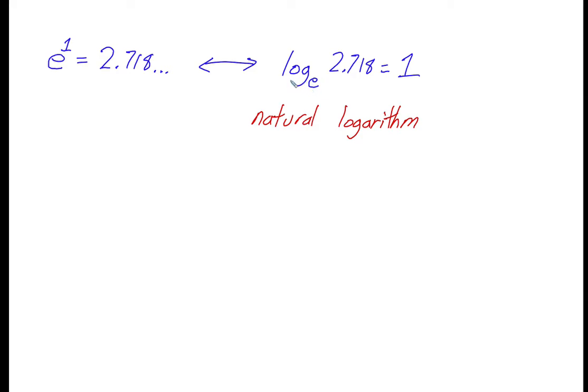And since that's something that shows up a lot in nature, it's called the natural logarithm. However, the first people to talk about natural logarithm were French. In French, it's logarithm naturel.